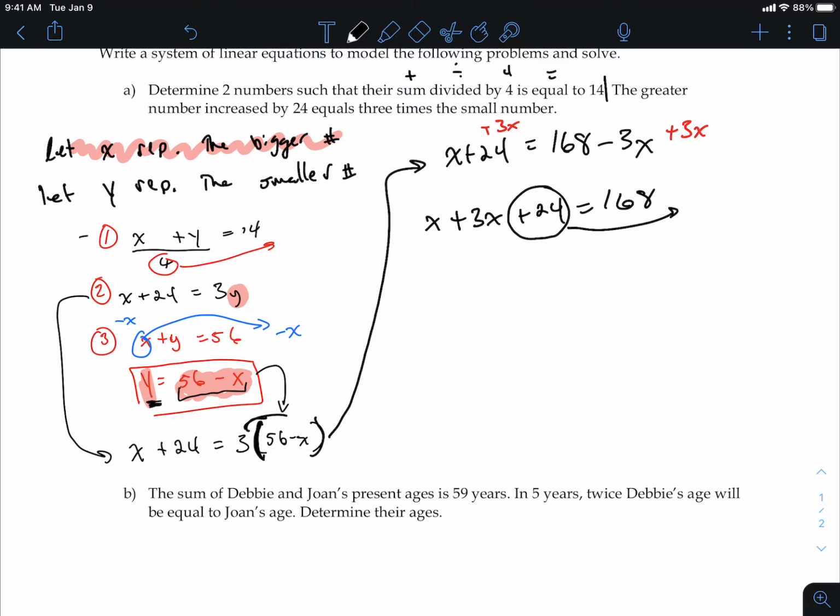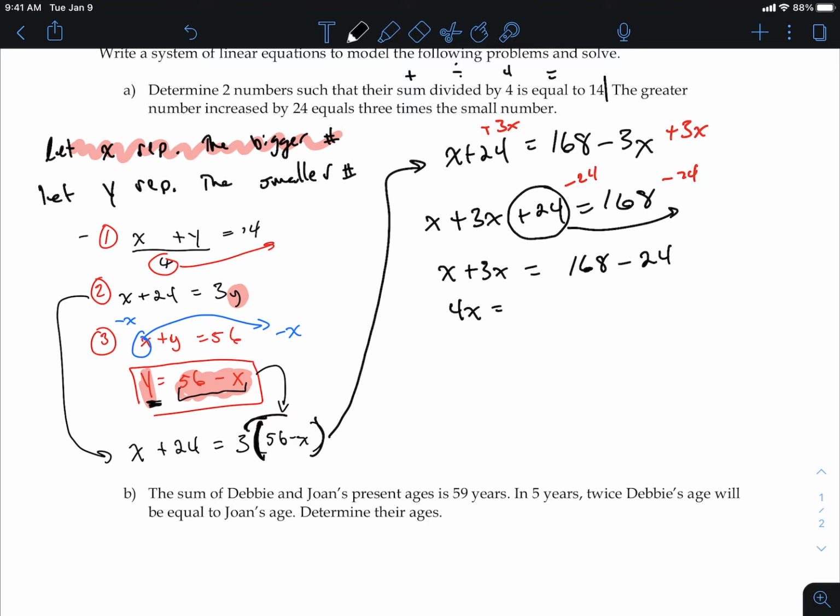And to do that, I'm going to subtract 24 from both sides. Okay? And so I'm going to get a statement that looks like this. x plus 3x is equal to 168 minus 24. Now you're just doing math. 4x is equal to 168 minus 24.